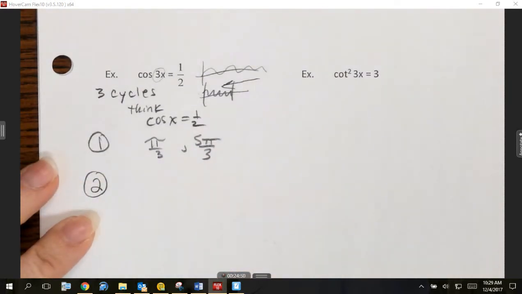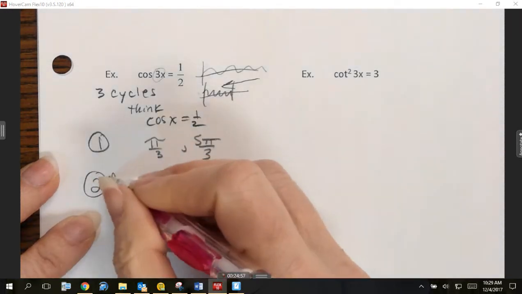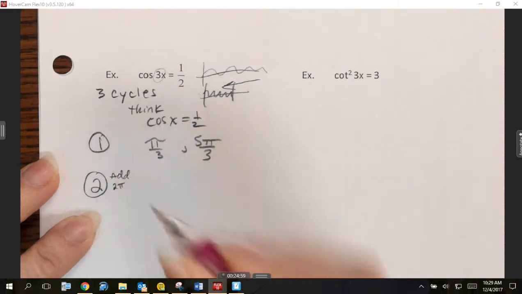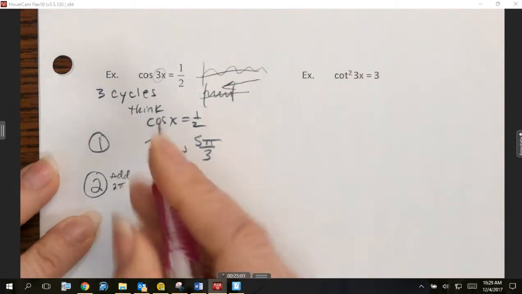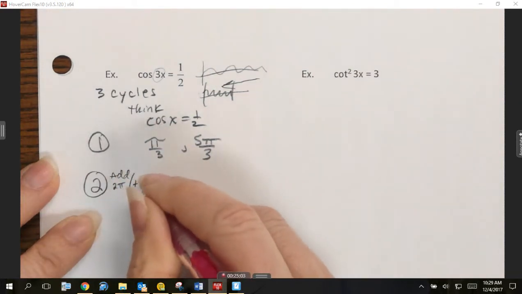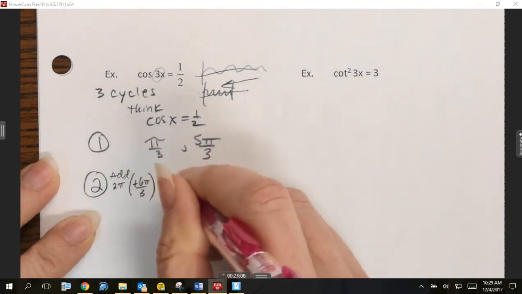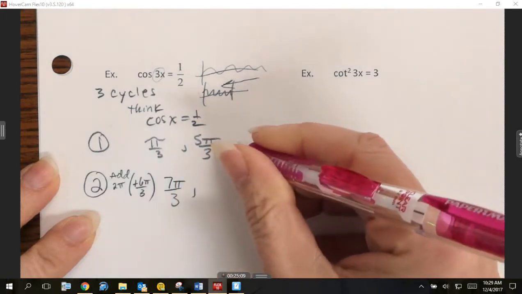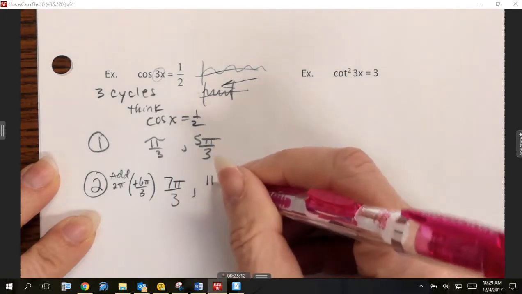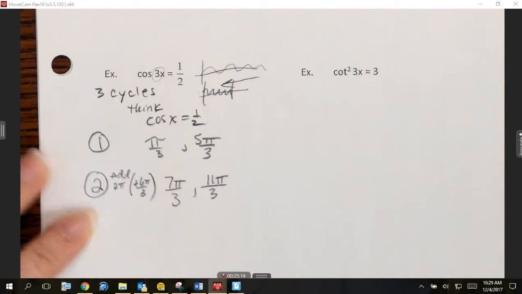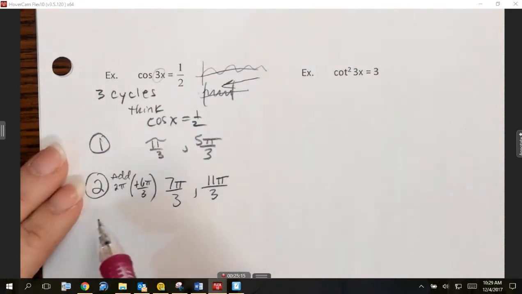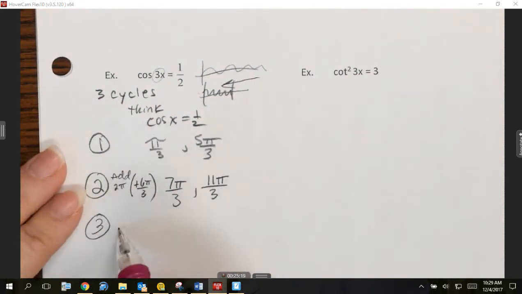For the second cycle, you have to add on how much? 2 pi, which if I'm going to add 2 pi to pi over 3, I'm really adding 6 pi over 3. So I'm going to have 7 pi over 3, and then I'm going to add 6 pi over 3 onto 5 pi over 3, so 11 pi over 3. So that would be my second cycle. And then for my third cycle, I'm going to add another 2 pi, which is 6 pi over 3.